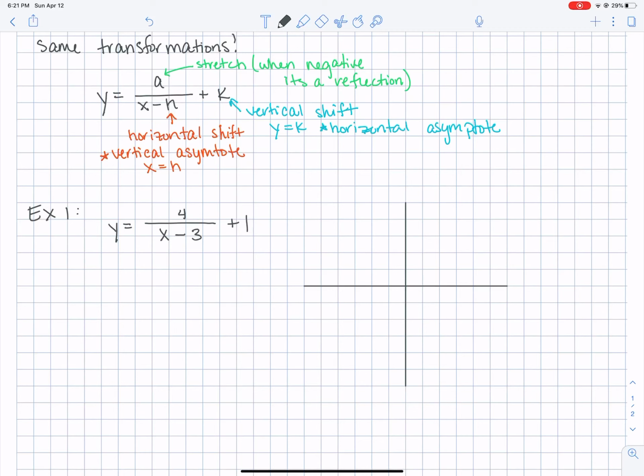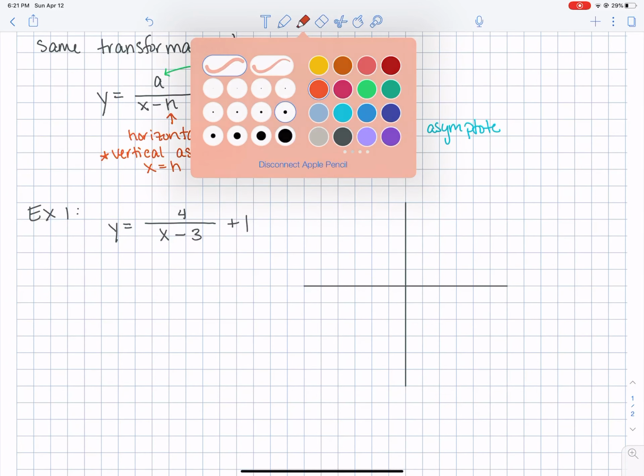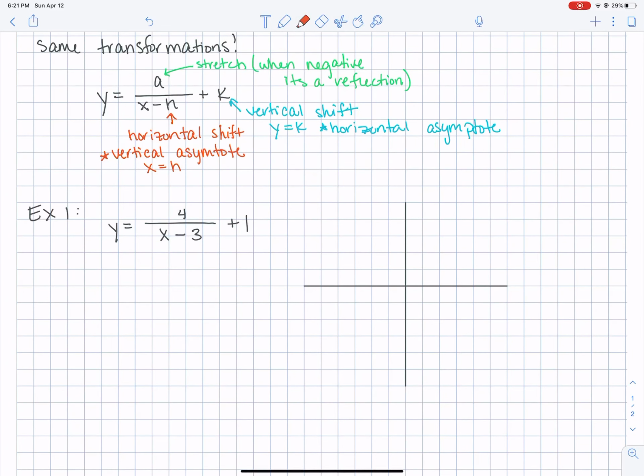And with my asymptotes, I am going to look for my vertical asymptote first, and I know that that's coming from this -3 right here. So we know that we go in the opposite direction. So we're going to go to 3 over, and this is going to be my vertical asymptote.